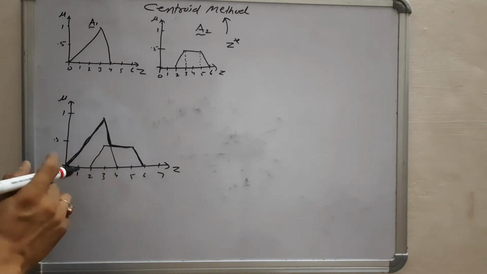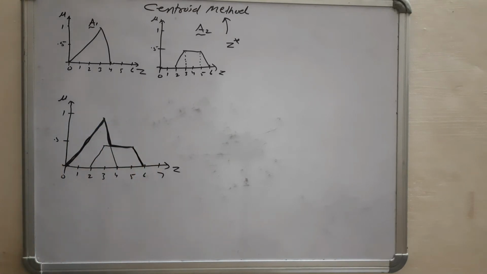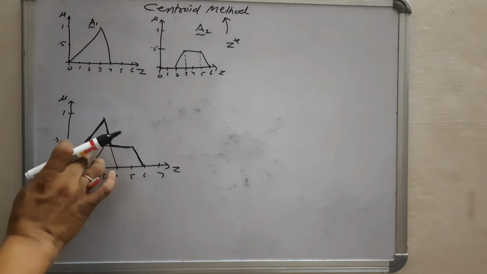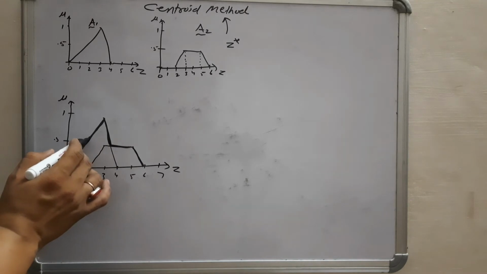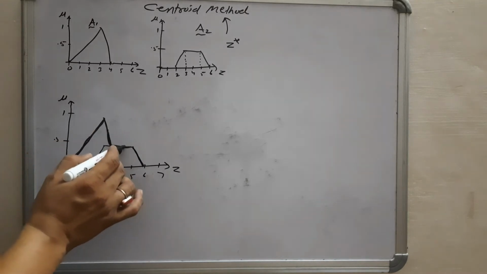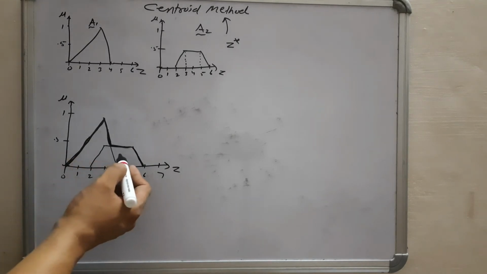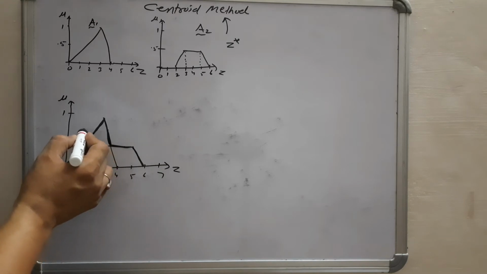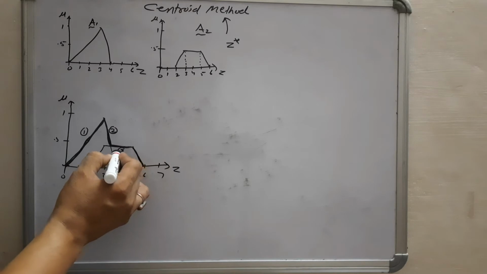Here is our final outer envelope of the combined membership function. We can see there are different segments: first, second, third and fourth. First we have to find the coordinates of these different lines. We can give them line number 1, line number 2, line number 3 and line number 4.